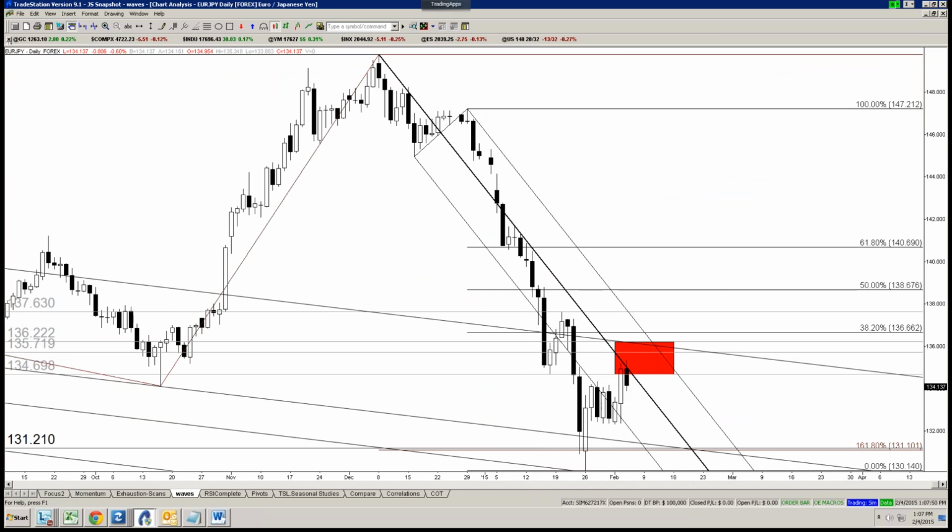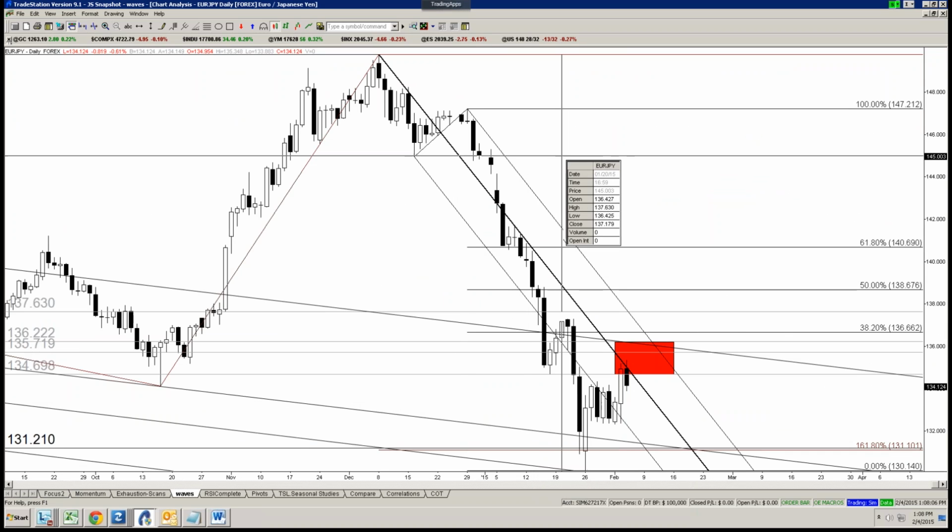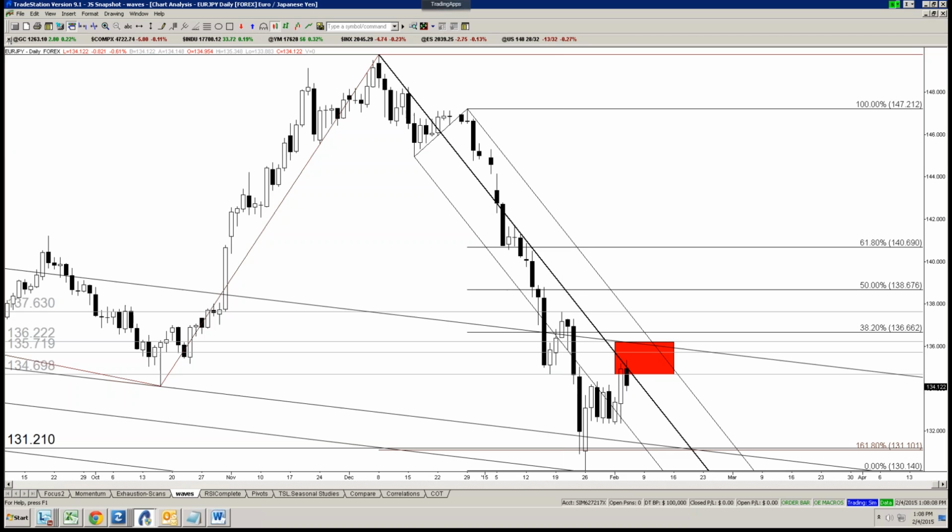And then the fib that I have here, the 38.2 fib comes in at 136.66. A little too many sixes for my taste. And you would also get the former fourth wave high at 137.63.